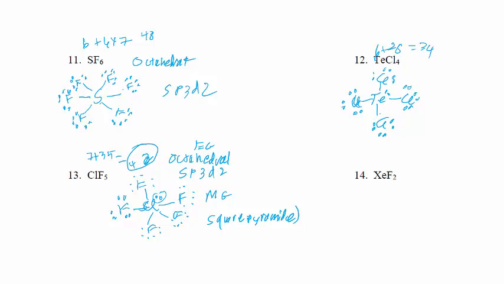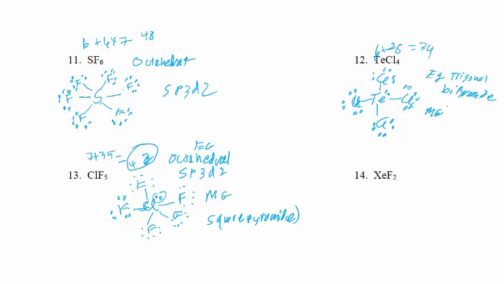So we have 1, 2, 3, 4, 5 electron groups. One is a non-bonding pair, so trigonal bipyramidal, that's the electron pair.